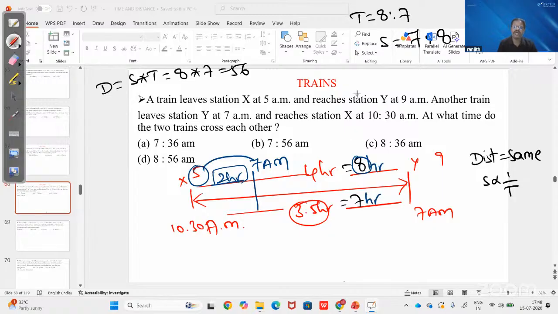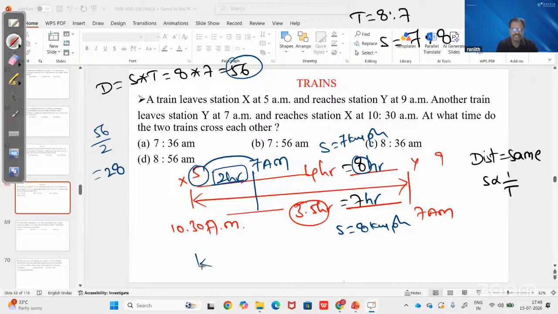Then the speeds are inversely proportional to time, where speed equal to 7 kilometers per hour. Here speed equal to 8 kilometers per hour. So here distance, what is the distance I am having? 56. I will take half of 56, which is equal to 28 kilometers.